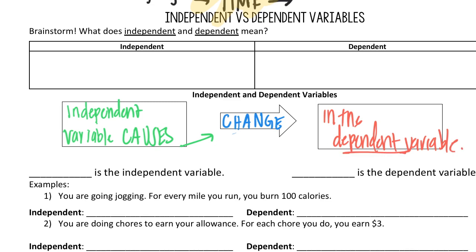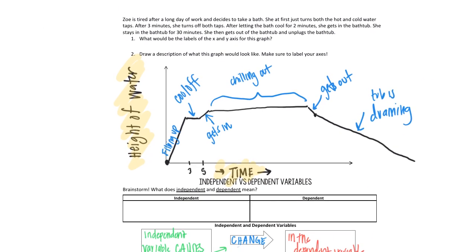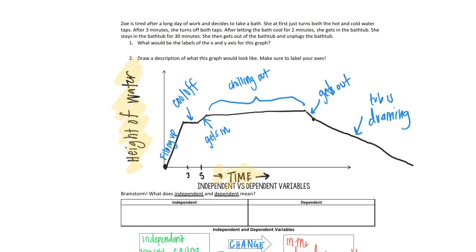So the dependent variable is reliant upon the independent variable for it to change. Kind of like in the example above, time was our independent variable. Time was going to change regardless. The time, as it went on, changed the height of the water.